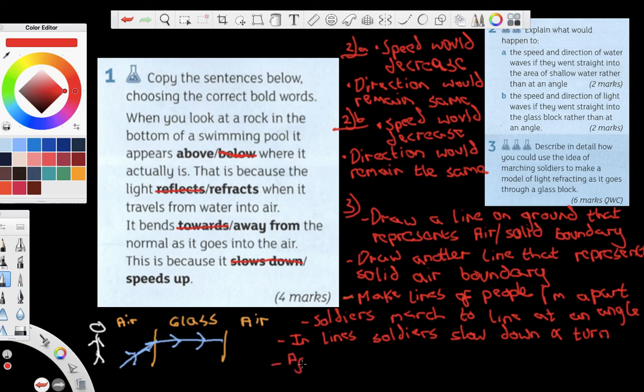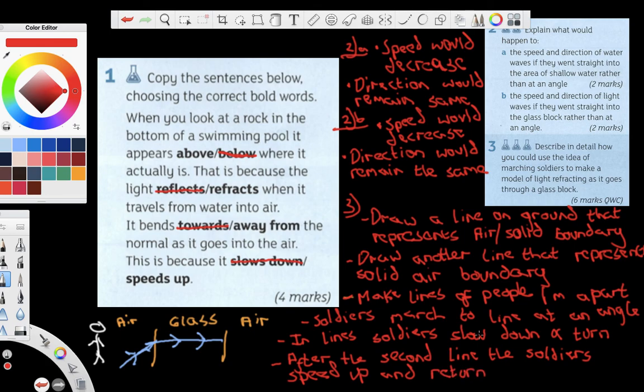So after the second line, the soldiers, if I spelled soldiers right, the soldiers speed up and return to the original direction.